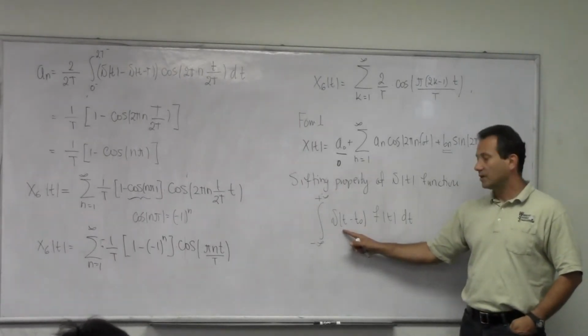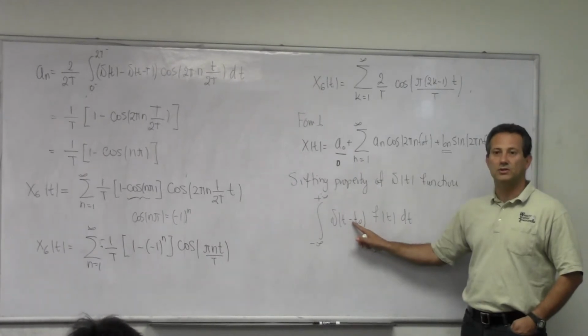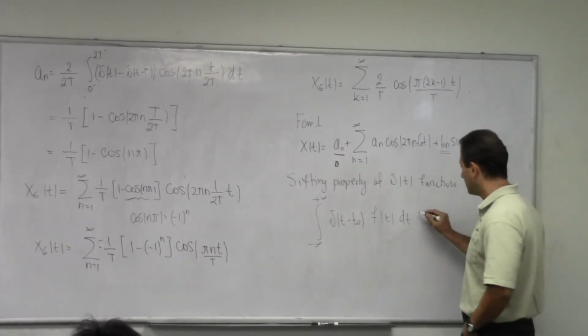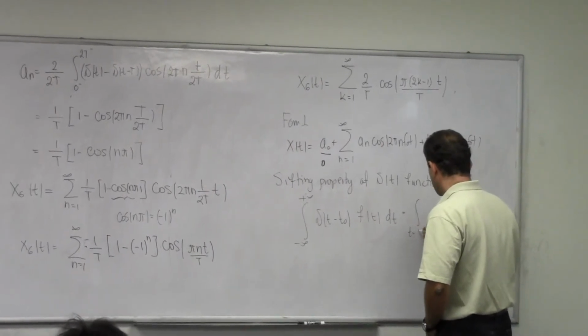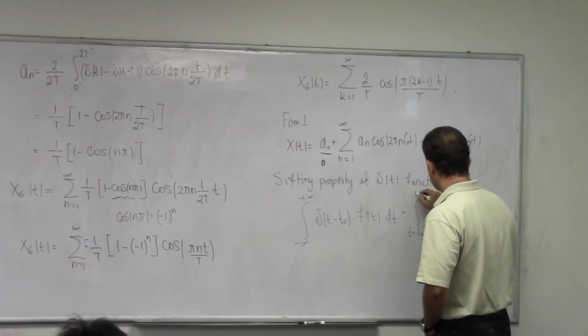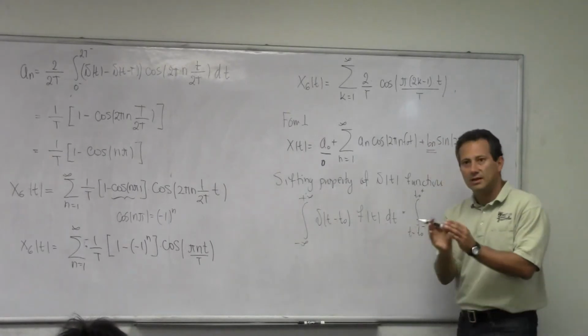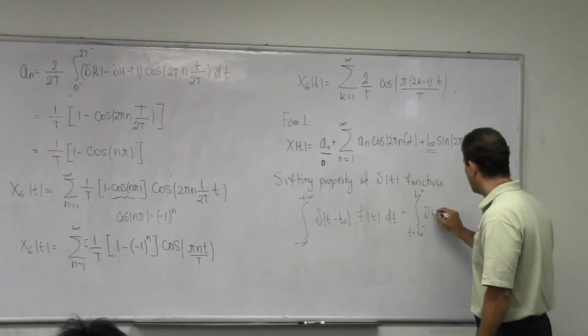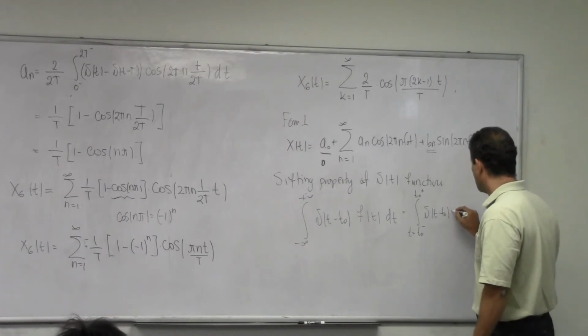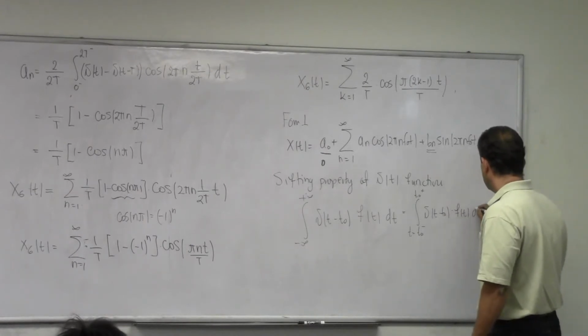It's 0 everywhere except at the point t0, right? So I'm going to say this is equivalent to integrating for t from t0 minus to t0 plus, just in a boundary around this t0. So I still have delta of t minus t0 times f of t dt.